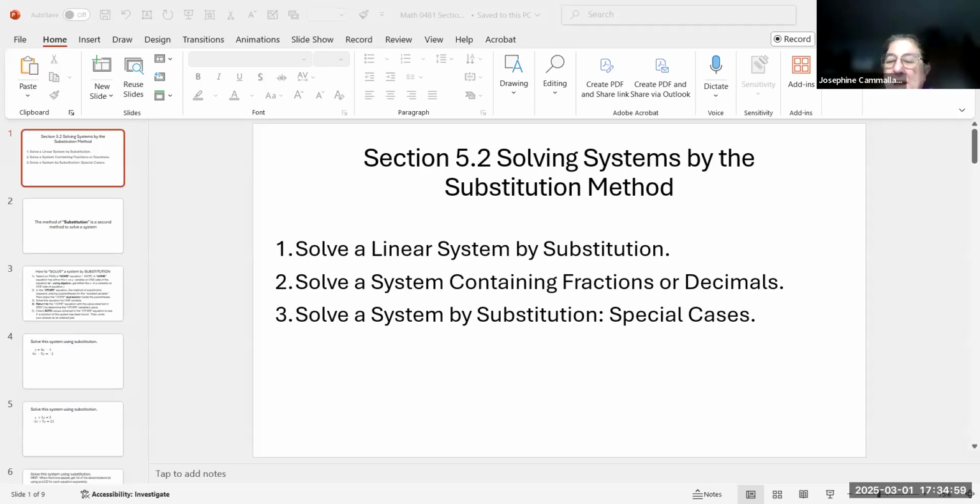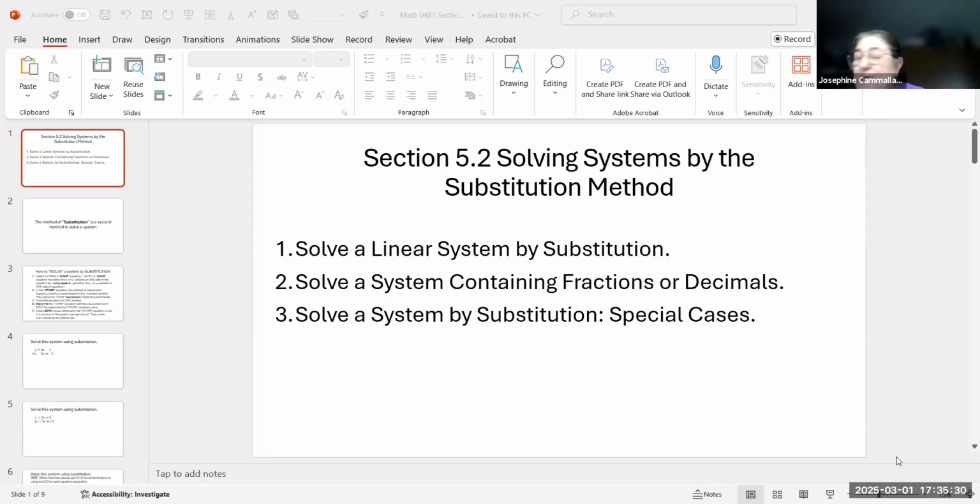Okay, we are going to be talking about section 5.2. Now, this is a second method to solving a linear system. It has specific setups and a set of steps.